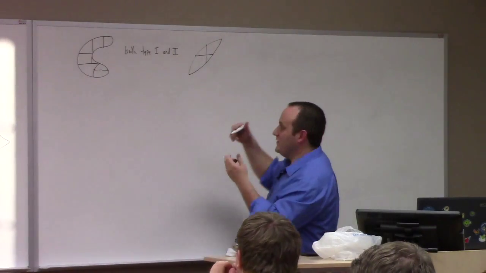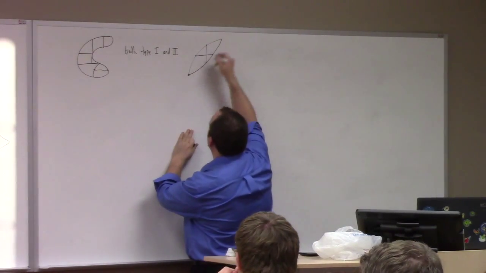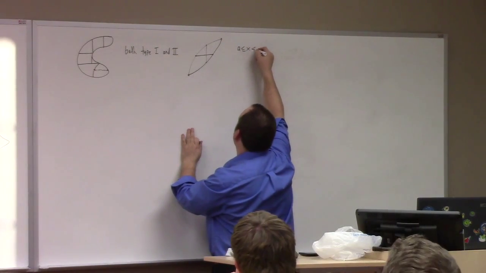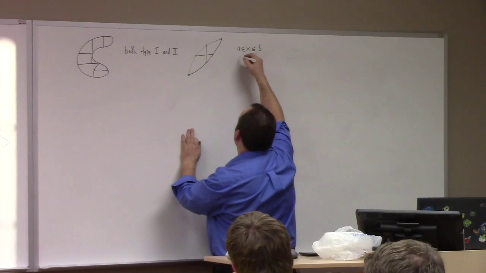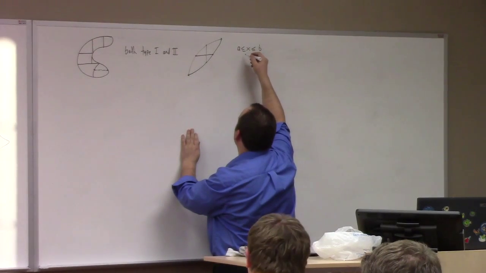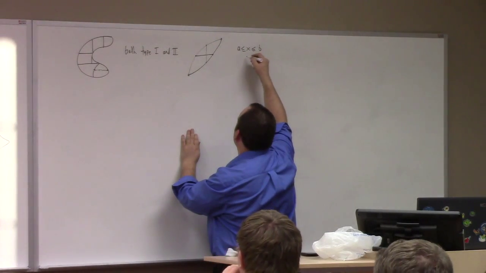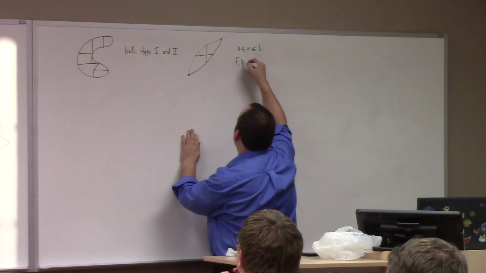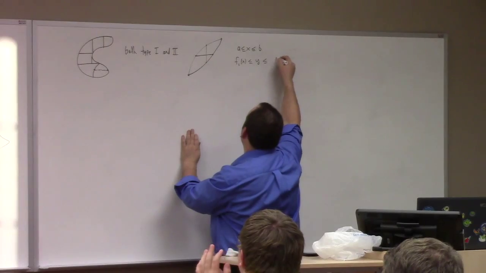So this region has the following set of inequalities to describe it. We could say a less than or equal to x less than or equal to b, and f1 of x less than or equal to y less than or equal to f2 of x.